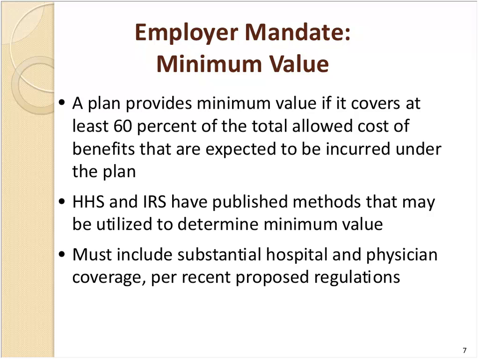There is a special rule that minimum value must include substantial hospital and physician coverage. Some people had figured out ways to design plans that actually did meet the bronze level test, but either didn't include any hospital coverage or didn't include any physician coverage, and that's now not allowed. The government has stated that you have to include those basic things in order for it to have minimum value.